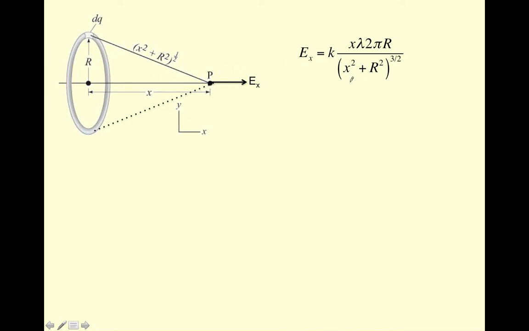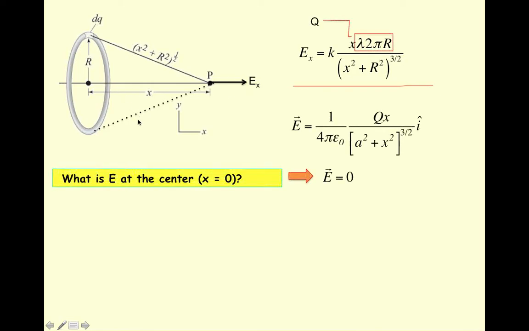Now, what I wanted to look at, and this will always be the case, is to look at the limits. What happens if this point is located somewhere at the center, or if this point is located very, very far away? Well, if it is at the center, then E is simply equal to 0.